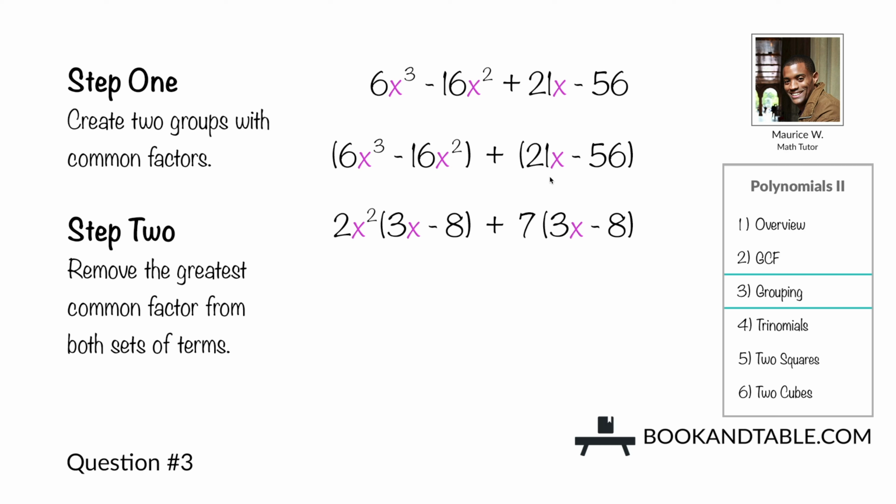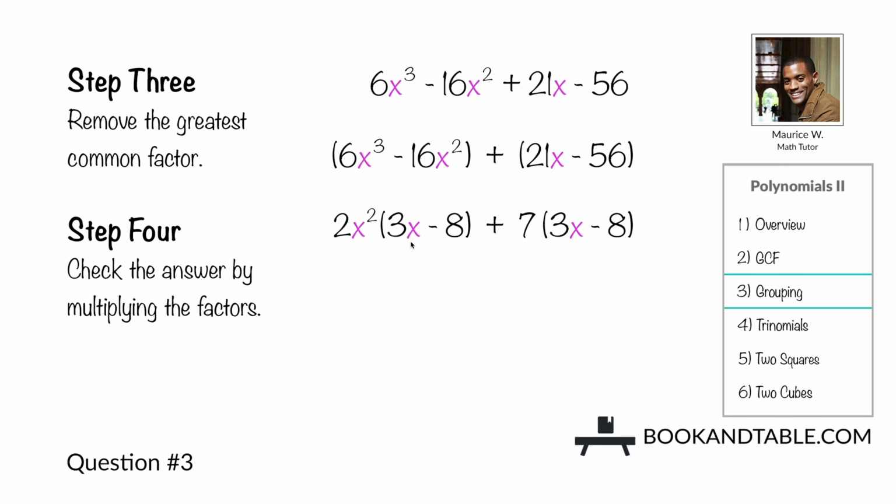And then we take a look at 21x minus 56. They have a common factor of 7. So the second factor for this group would be 21x divided by 7, which is 3x. And negative 56 divided by 7 is negative 8. So now we have a common factor of 3x minus 8.